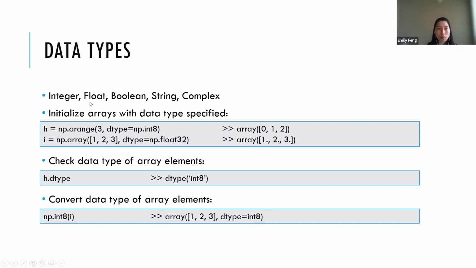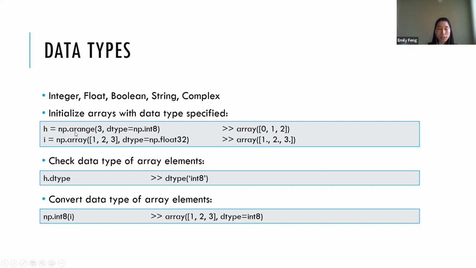Some of the common ones that are supported are integer and float. Floating point are numbers with decimals. And then Boolean, which is true or false, string, and then complex. I'm not going to talk a lot about complex or string or Boolean because what NumPy does well is working with numerical data. So I will focus on the integers and floats.